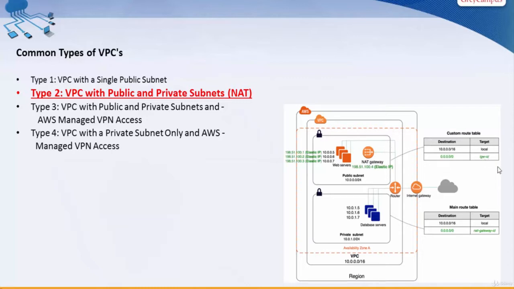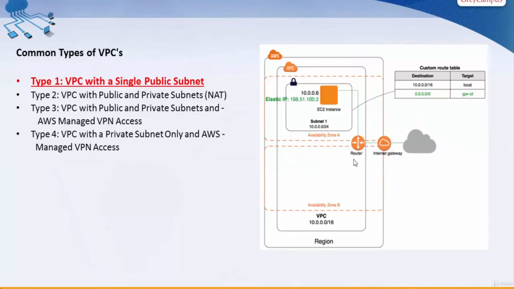Now look at the routing table here again. We have a route to the internet, and the database gets connected to the NAT gateway and gets internet access. Now what's the difference between the first type and the second type? Here we have 2 subnets.